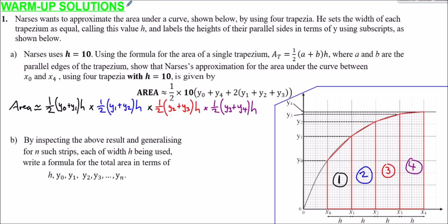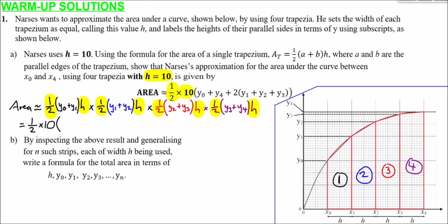Now we can rearrange this because actually what we've got here is a half times 10. But h is 10. This is a factor of each of these expressions. So I've got a half times 10 there, because h is 10. I could have just called that times by 10 to begin with, really. So this here, I can factorise out immediately at the front of each of these. So I'm going to get a half times by 10.